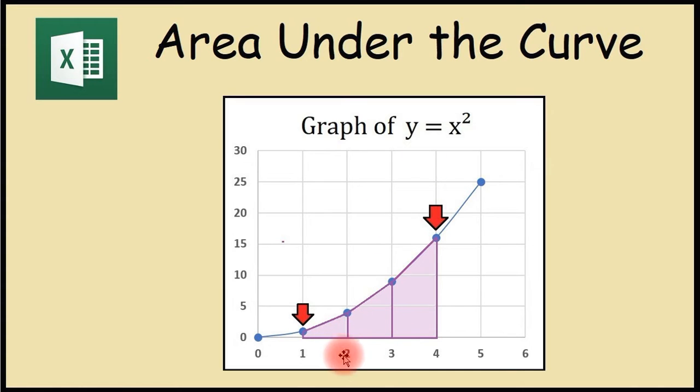Suppose x ranges from 2 to 3, this is the area under the graph for those values of x. When x ranges from 0 to 4, the whole area under the graph is the total area under the graph.